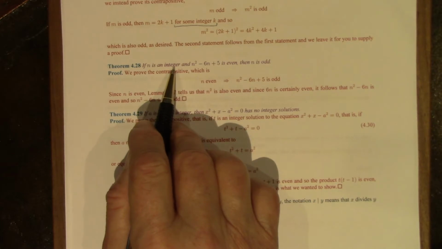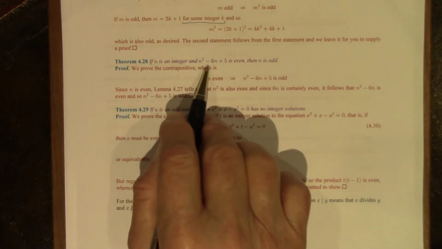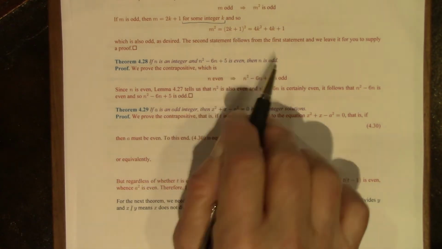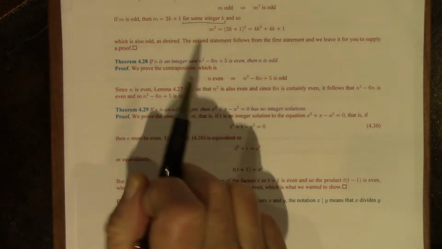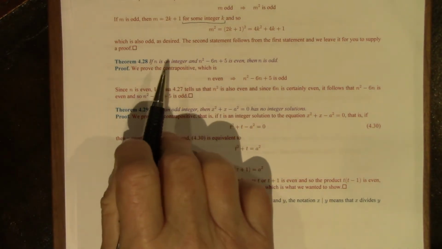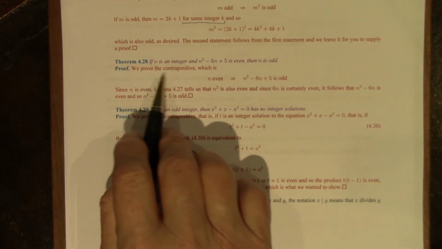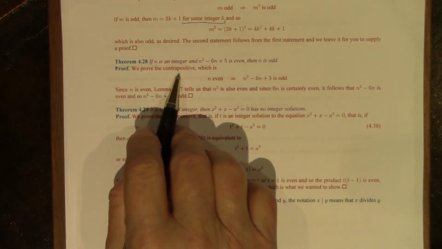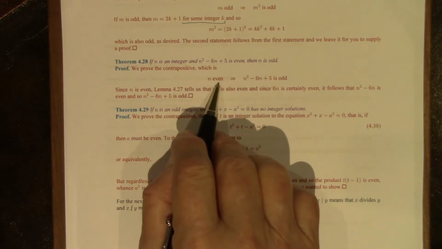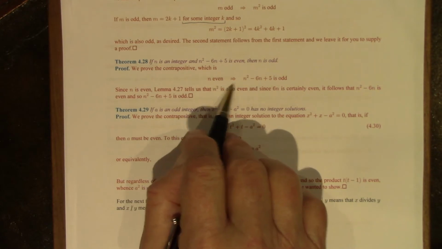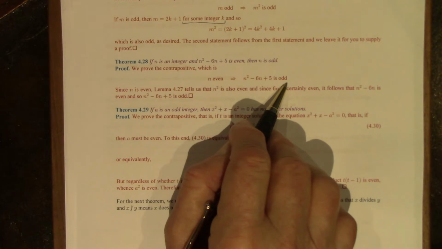Another theorem: if n is an integer and n squared minus 6n plus 5 is even, then n is odd. Okay, this starts with a declaration of what method we're going to use. We prove the contrapositive, which is n even implies n squared minus 6n plus 5 is odd.